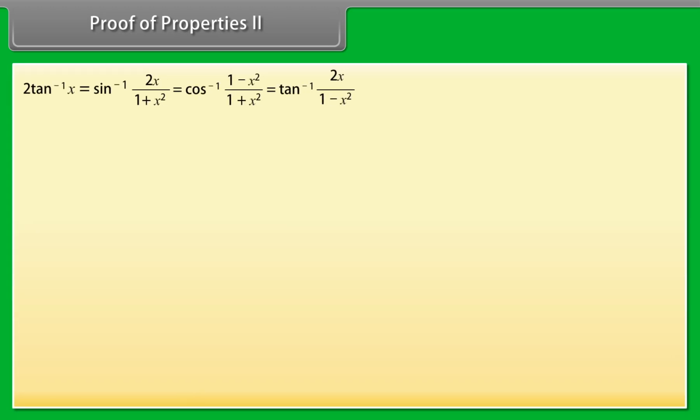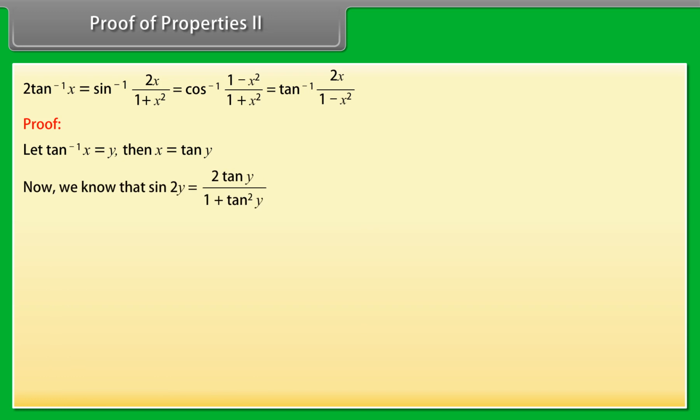Proof of properties 2. 2 tan inverse x is equal to sine inverse of 2x by (1 plus x square), which is equal to cos inverse of (1 minus x square) by (1 plus x square), which is equal to tan inverse of 2x by (1 minus x square). Proof. Let tan inverse x is equal to y, then x is equal to tan y. Now, we know that sine 2y is equal to 2 tan y by (1 plus tan square y).